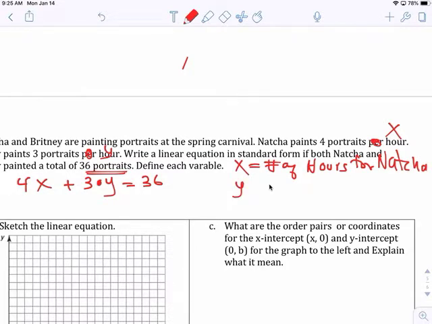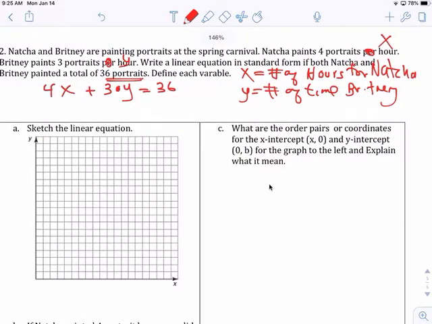And Y represents the number of hours, or time in hours, for Brittany. Okay. Sketch the linear equation.